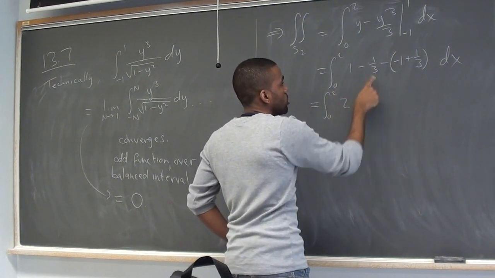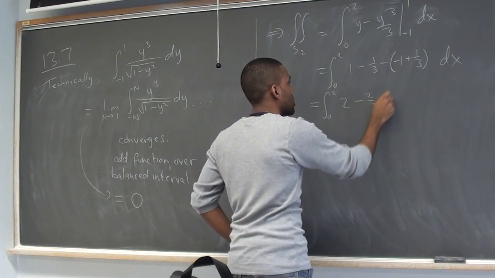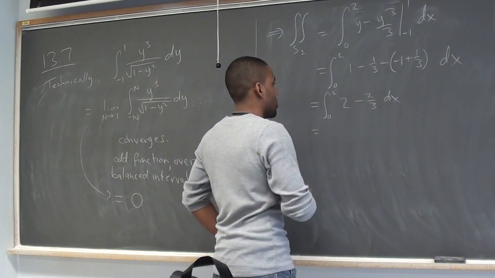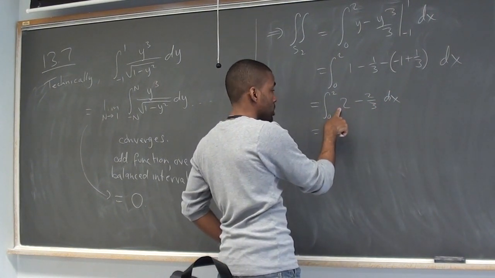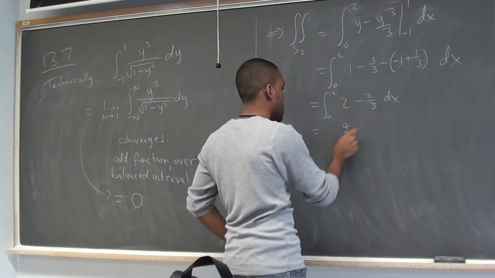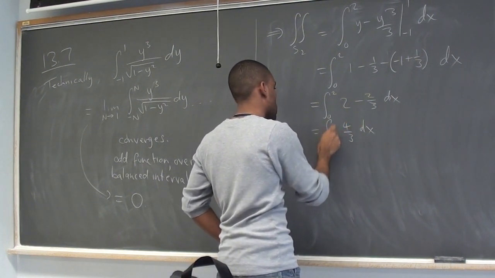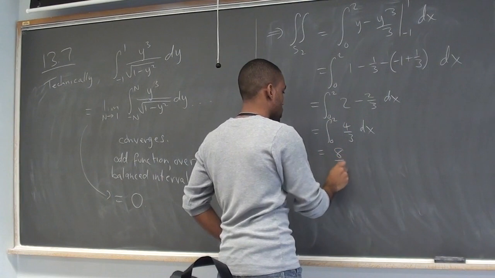So that's 2 minus 2/3, which is going to be 6 over 3 minus 2 over 3, that's 4 over 3. So it's 8 over 3.